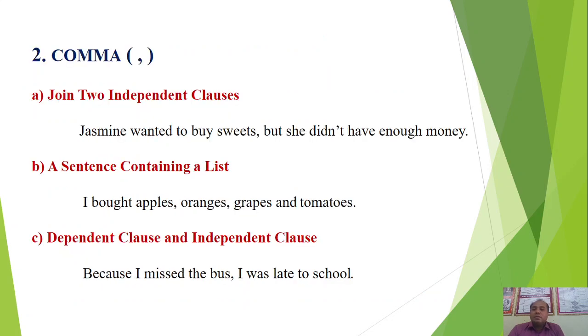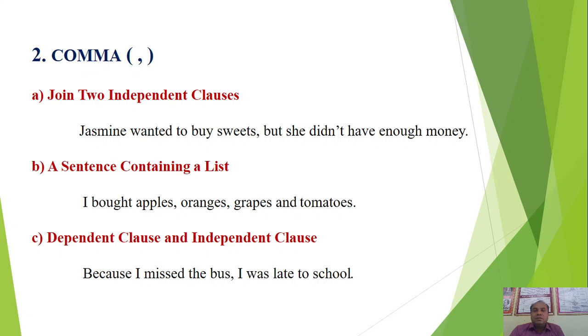The second punctuation mark is the comma. A comma is used to join two independent clauses. You can see the example here. Jasmine wanted to buy sweets, but she didn't have enough money.